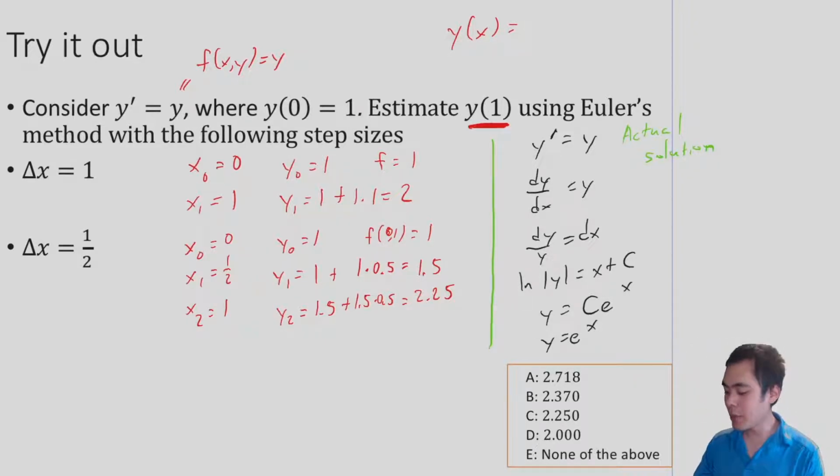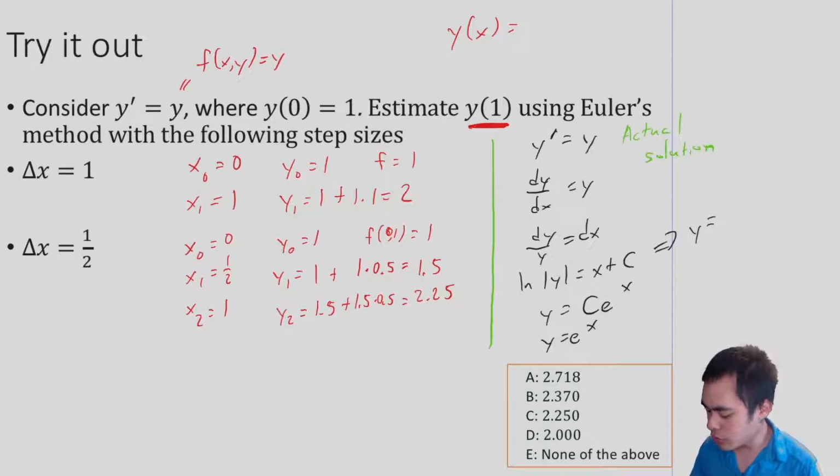Oh, how does the c come out in front? Okay, let me go through this step by step. So this implies that the absolute value of y is equal to e to the x plus c, right? But now this is equal to e to the x times e to the c.